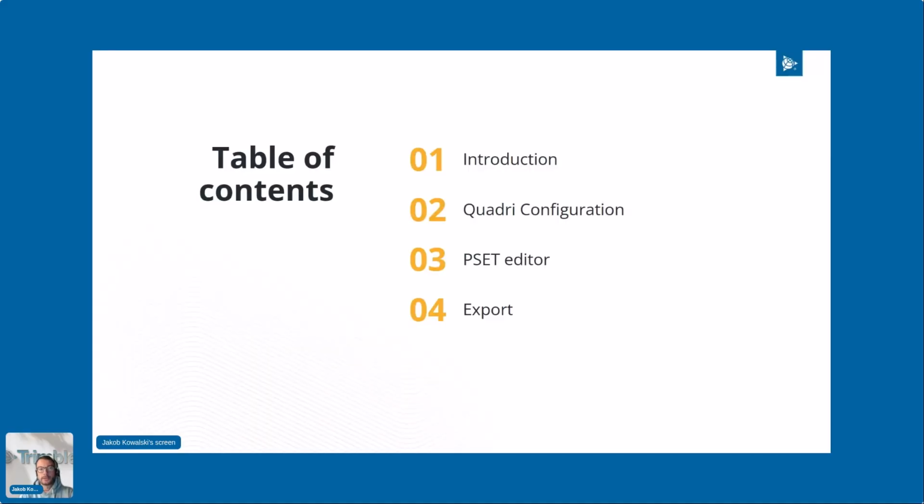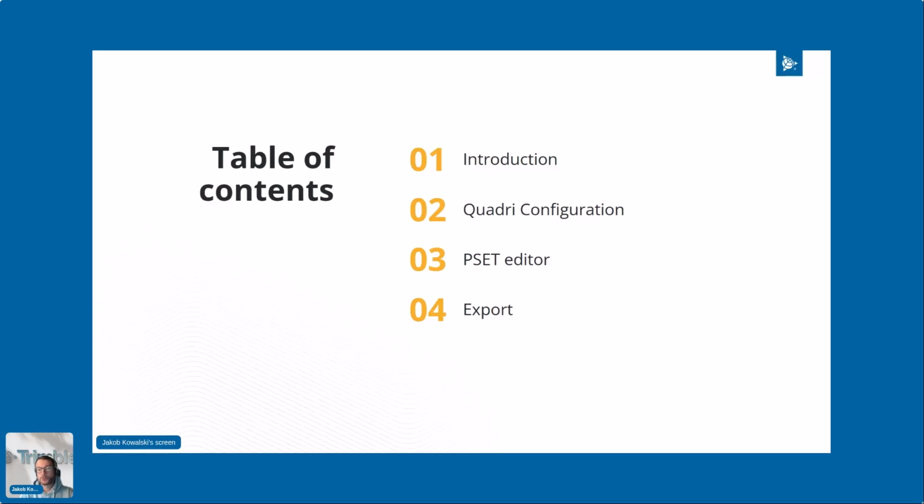Just a quick table of contents for what I will go through. I will first have a quick introduction about what a property set is and just in general what I will show. Then I will go through something called Quadri configuration, which is a way to manage and to create or edit your own type catalogs.